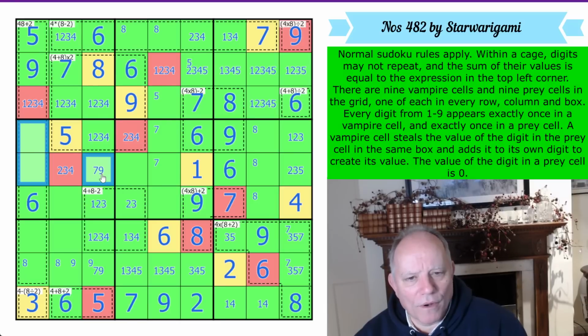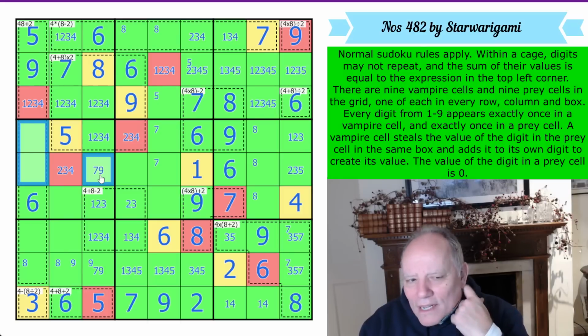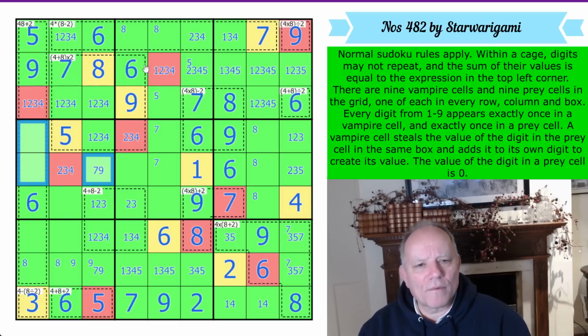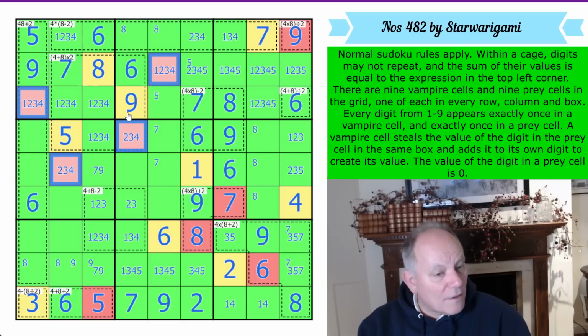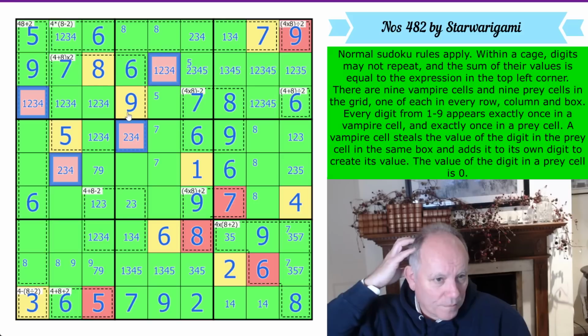Oh, come on. How do I finish off 9s, 8s, 7s and 6s when I don't know anything more about them? I mean, apart from the red 1, 2, 3, 4, I've filled in all the vampire and prey cells. I don't think I can use those and their values at all anymore.